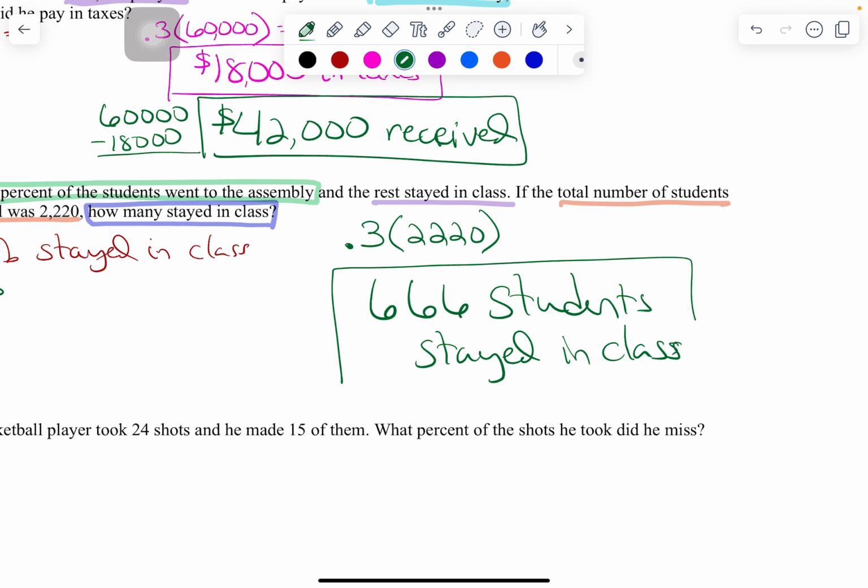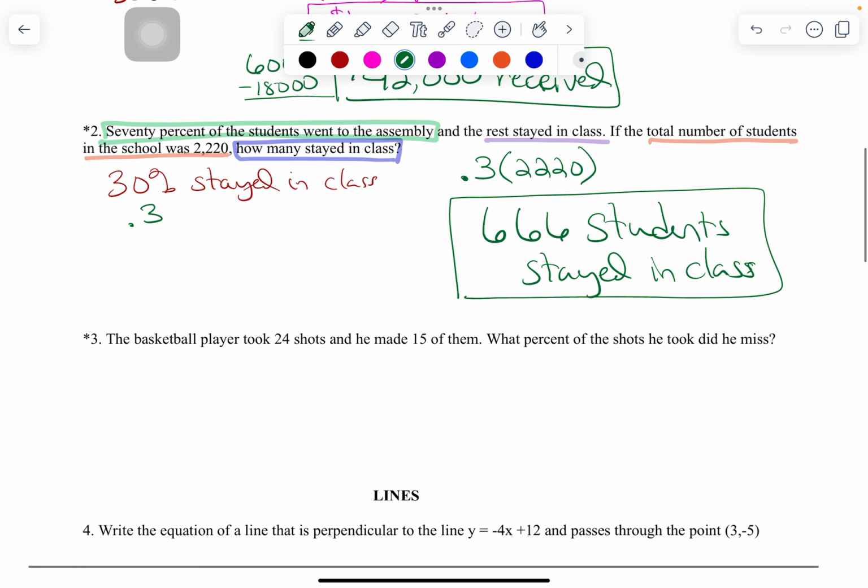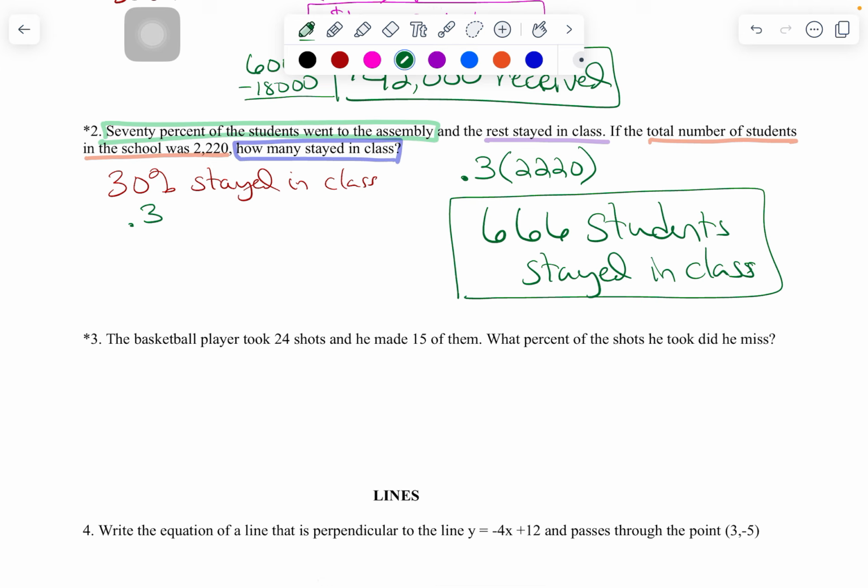You were only asked for one answer in this problem, so it's not necessary to put all the wording there, but just so you know, that is what we were answering. 70% of the students went to the assembly, so the rest stayed in class. That's 30%. Total number of students in the high school was 2,220. So percent, 30%, 0.3, times my total, 2,220, equals the part. That is the 666 students who stayed in class.